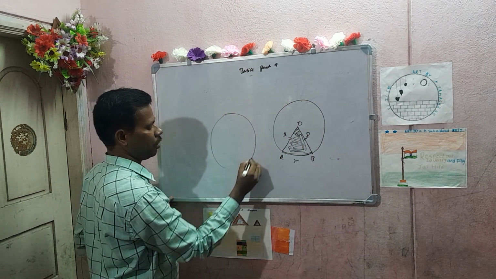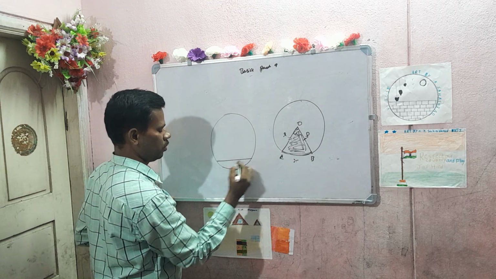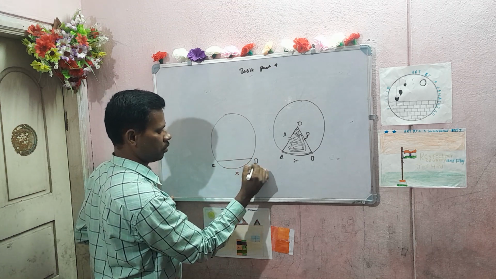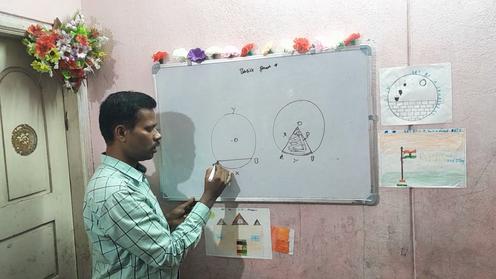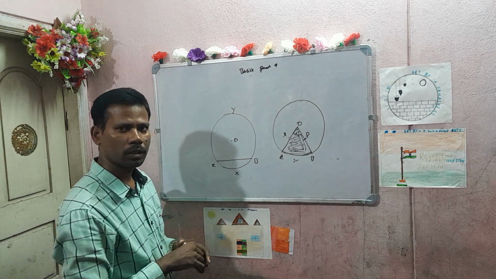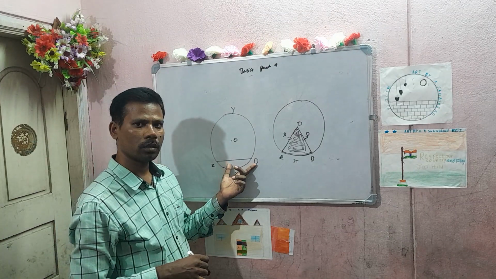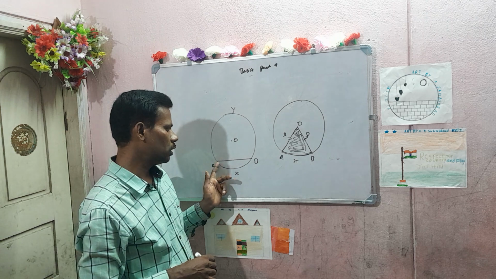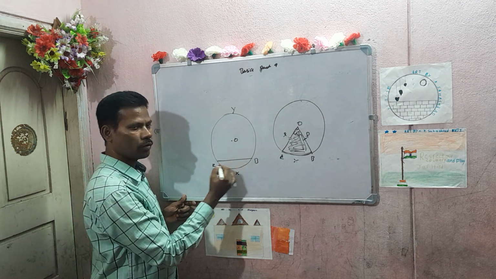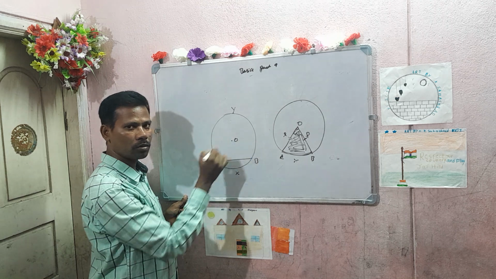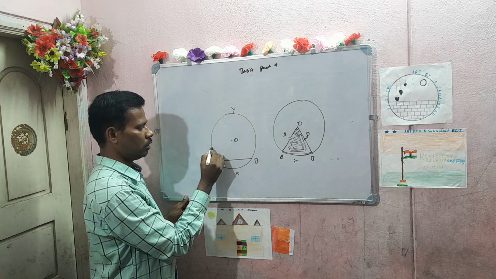Next, another one, last concept. Segment. Segment of a circle relates to a chord. A chord is a line segment which intersects the circle at two different points, but not passing through the center of the circle, like this.